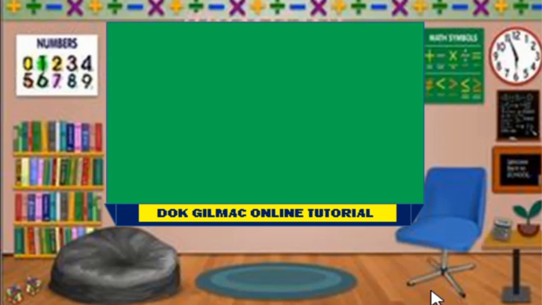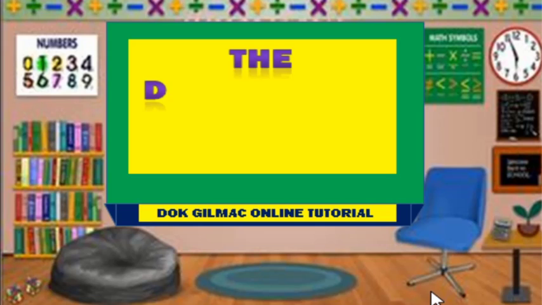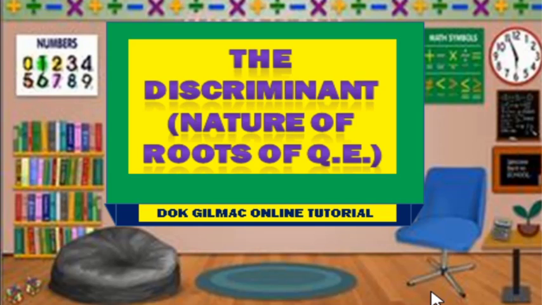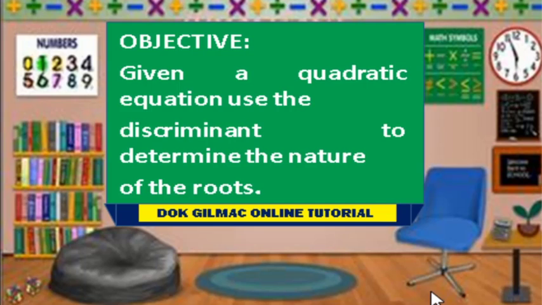The topic I will be discussing for today's tutorial is all about the discriminant, nature of roots of quadratic equations. Objective: given a quadratic equation, use the discriminant to determine the nature of the roots.